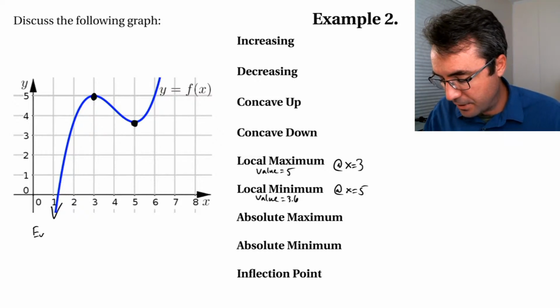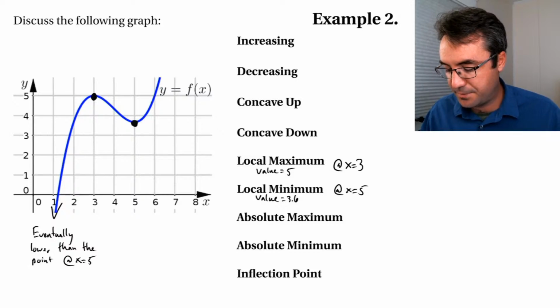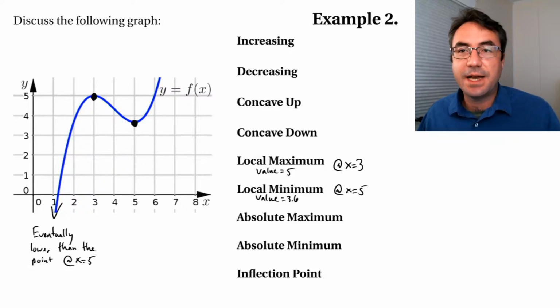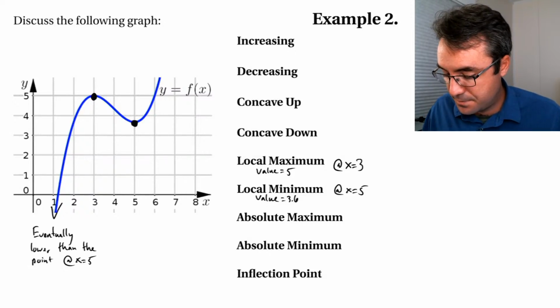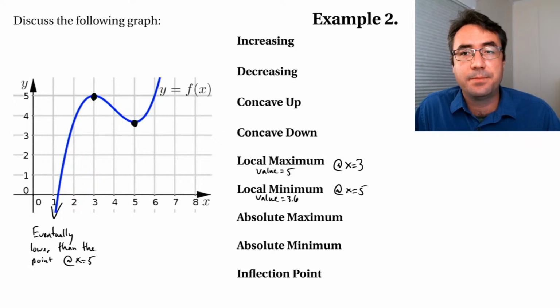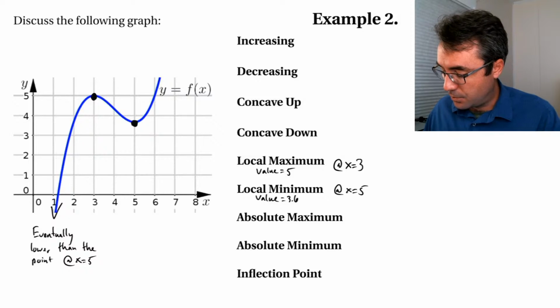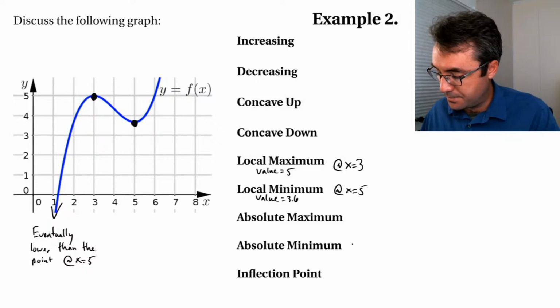So on the left, eventually it's lower than the point at x equals 5. Eventually our graph goes lower than our local minimum, and it just keeps going lower and lower and lower. So there is no actual absolute minimum here.